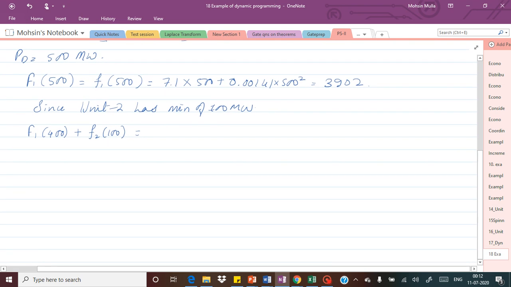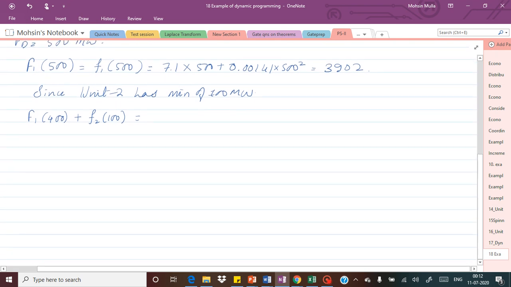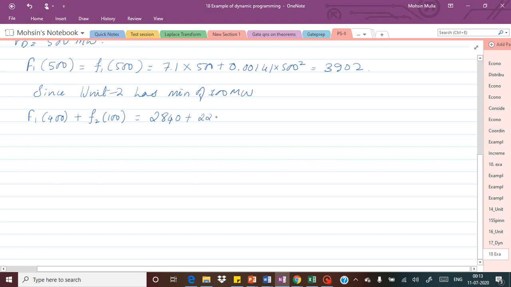Here I have already calculated to save time, so I'll just substitute those values. For the F1 of 400, the first term will become 2840, then the P1 square term will become 225.6, then the P2 term will become 780 and P2 squared will become 19.5.